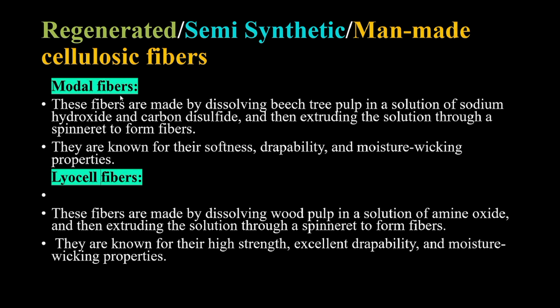Further, the most commonly used fiber is lyocell fiber. These fibers are made by dissolving wood pulp in a solution of amine oxide and then extruding the solution through a spinneret to form the fibers. They are known for their high strength, excellent drapability, and moisture wicking properties.